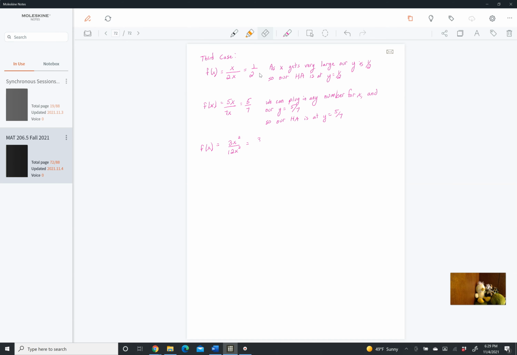Well, now the x squared goes away and we just have 3 over 12, or always reduce your fractions, 1 over 4. So our horizontal asymptote is at y equals 1 over 4. Because once again, it doesn't matter what we plug in for x, our y will always be 1 over 4.